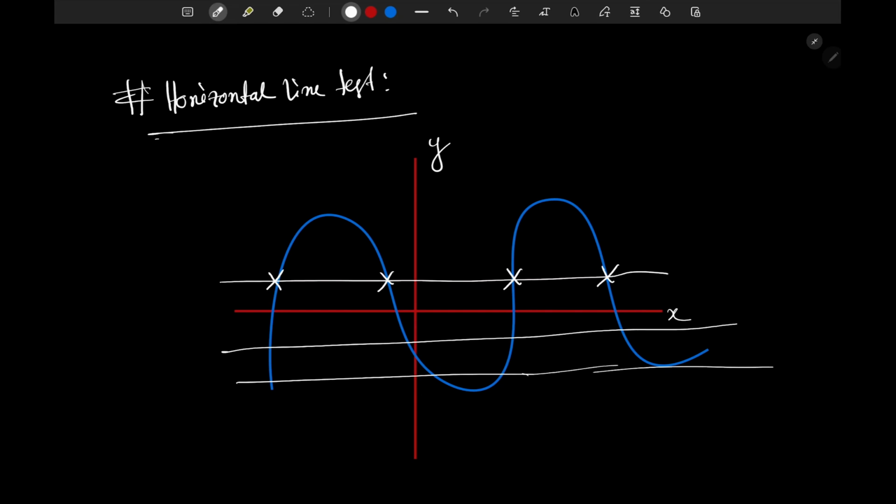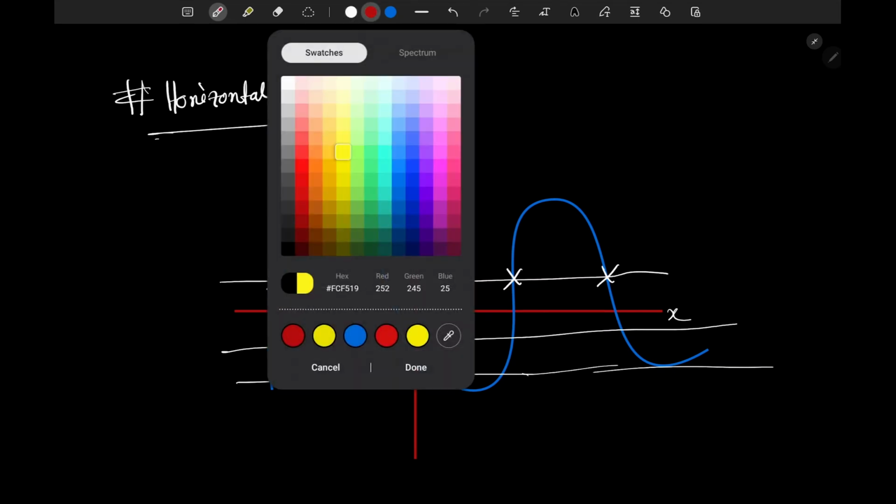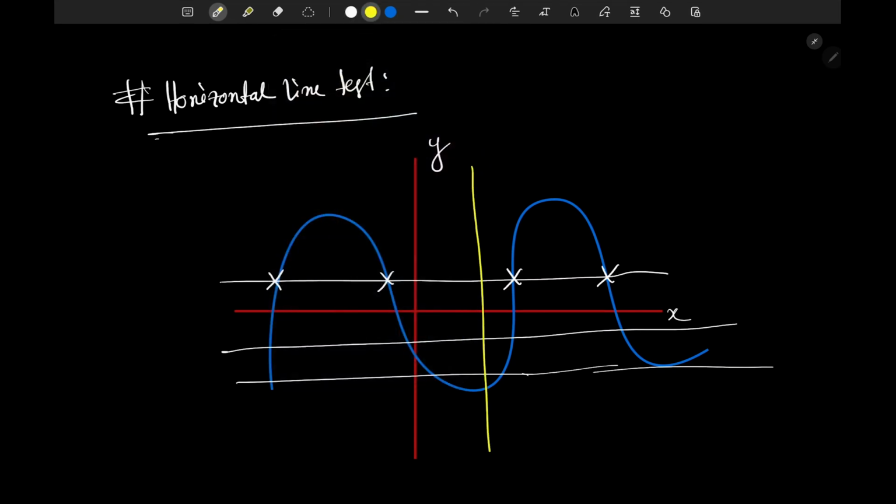So in this case, we say, oh, this is a function because if you do a vertical line test like this, you see the vertical line once. So since the plot itself crosses the vertical lines once, this is a function.